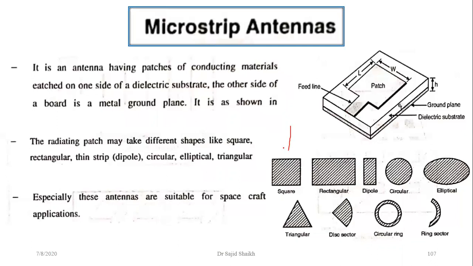Here you can observe this microstrip as a square, rectangle, dipole, circular, elliptical, triangular, a disc, or circular ring sector. Whatever shape you want, depending upon the application, you can cut this conductor in that shape and design the antenna. Each shape has its own significance of radiation. You have to understand that.